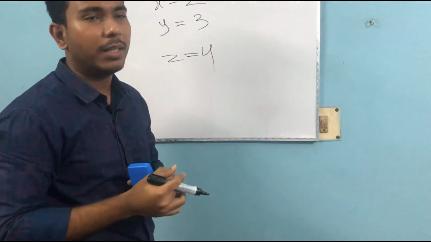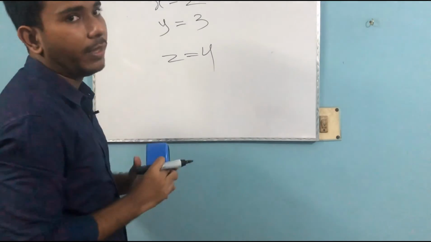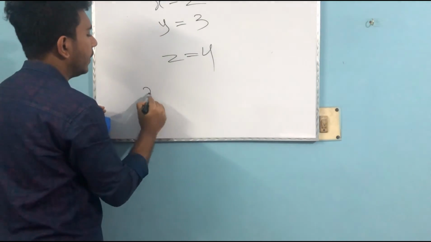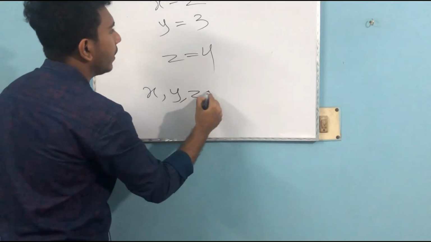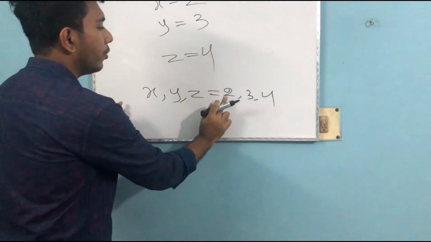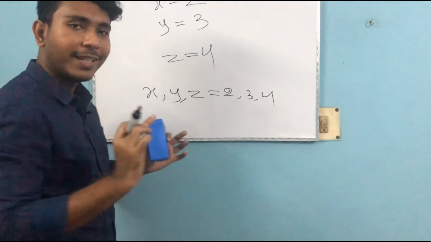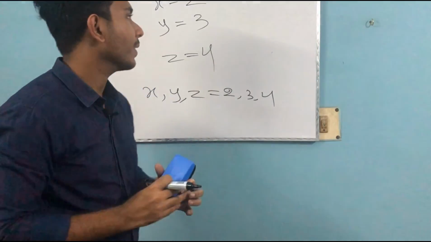But this is lengthy, right? Because the code becomes lengthy. You can simply write x, comma y, comma z equal to 2, 3, 4. This will simply store 2 in x, 3 in y and 4 in z. Simple, right?